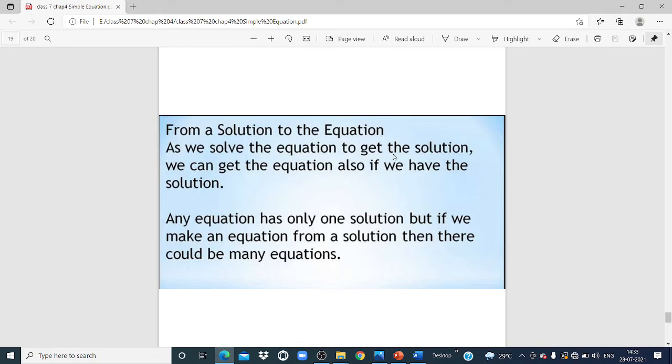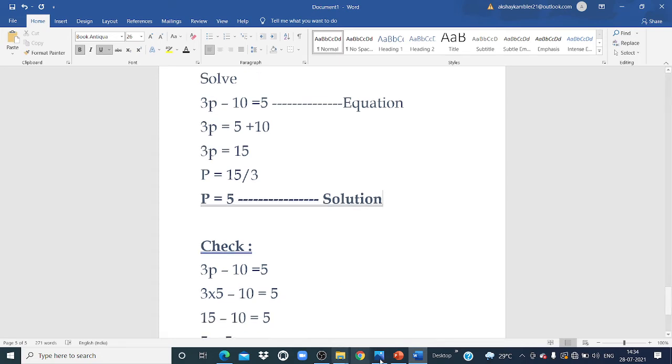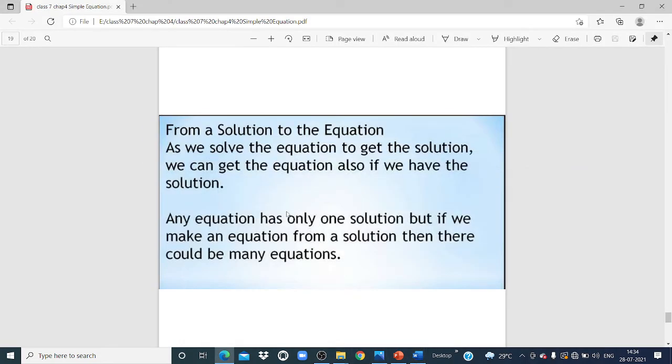As we solve the equation, we get the solution. Right, my dear students? Here we have solved this equation and we get a solution. If you want, I'll write here: this is the equation, and this is your solution. Clear with it? Yes. So now we'll learn the next point, that is solution to the equation.